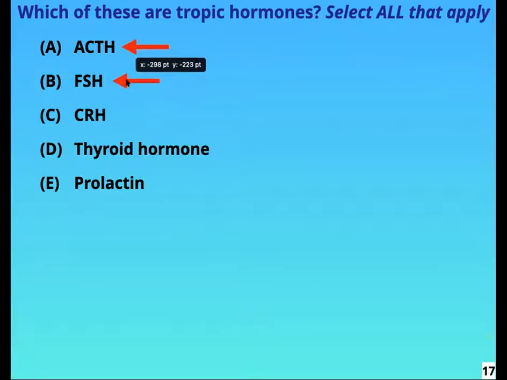FSH, yes, it is. It causes secretion of sex hormones. CRH, corticotropin releasing hormone. So yes, it causes the secretion of corticotropins, which is ACTH. Thyroid hormone, it's not a tropic hormone. Prolactin, also not a tropic hormone.